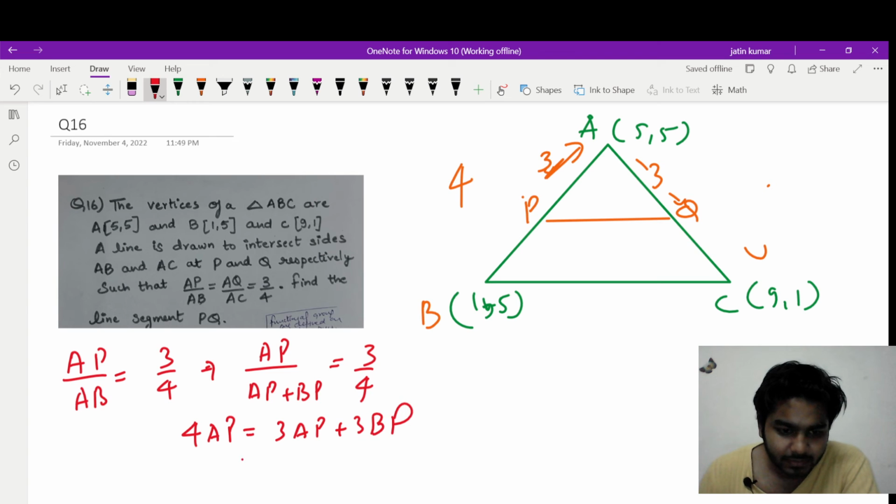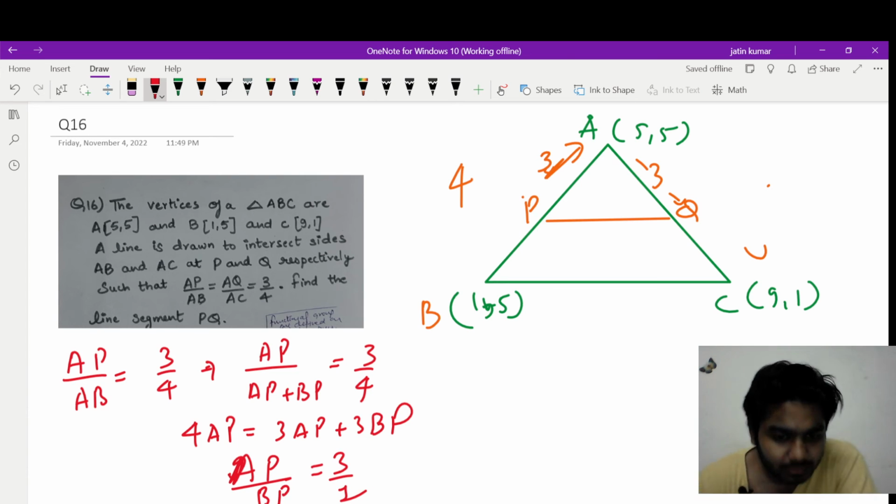So AP upon BP is equal to 3 by 1. Did I solve it right? Minus 3 AP goes to this side, so AP remains, and on this side only 3 BP remains. Okay, so this is 3 the upper part and BP is 1. Now we have got the ratio.